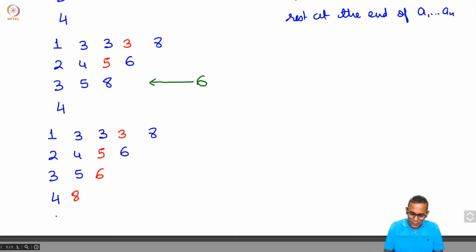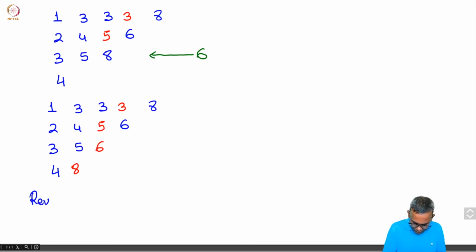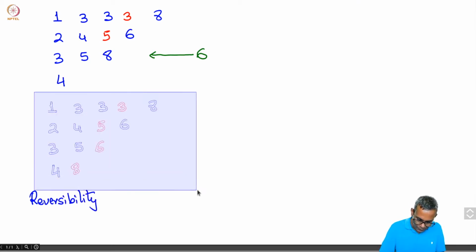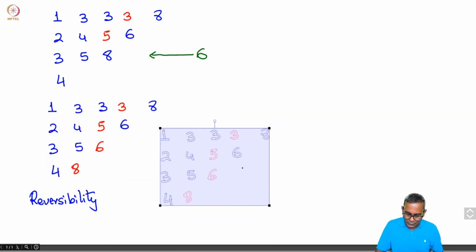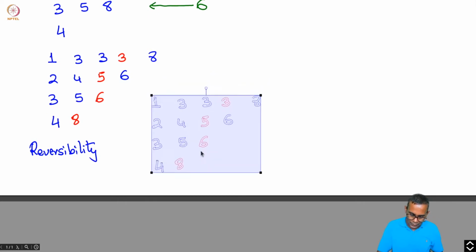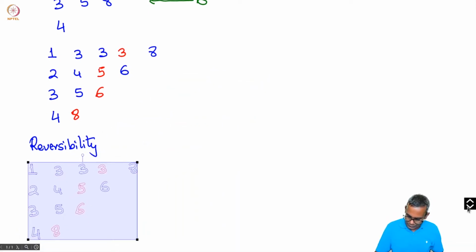So now I want to convince you that this process is actually reversible. Well, let's just stare at this tableau we have here. And when I say it's reversible, I mean it's reversible provided you know what was the last thing that was inserted.